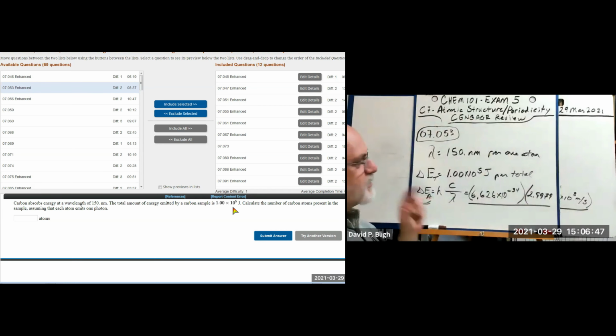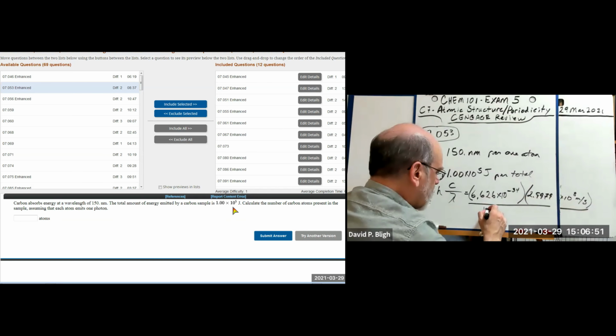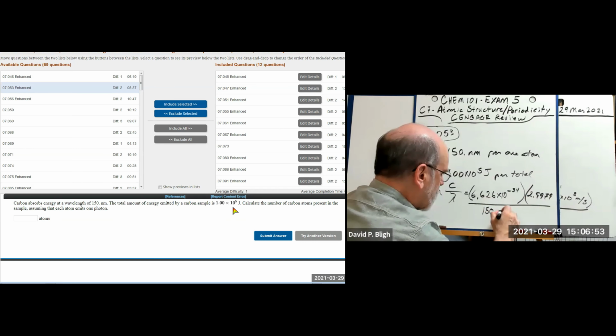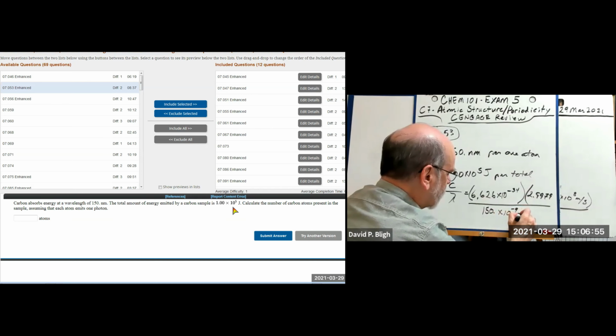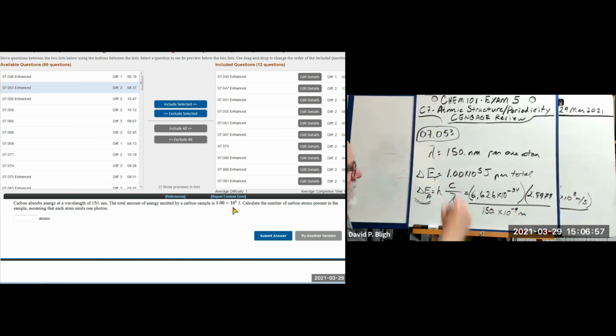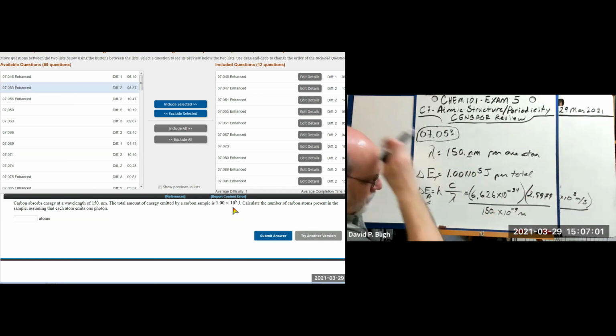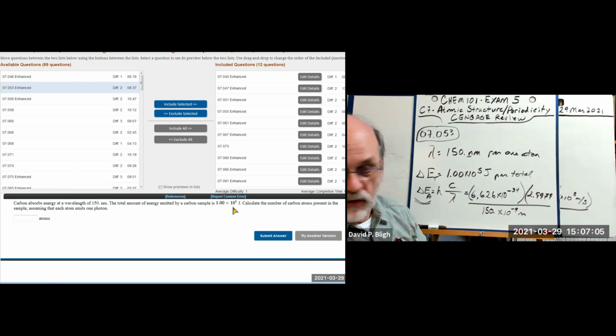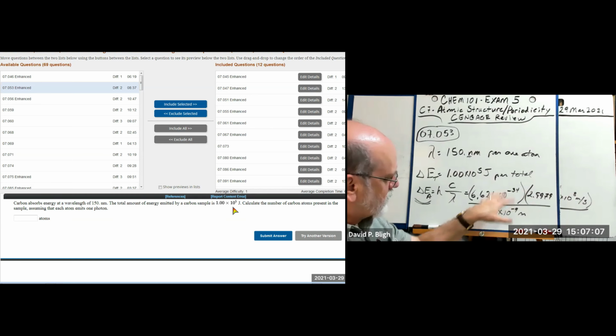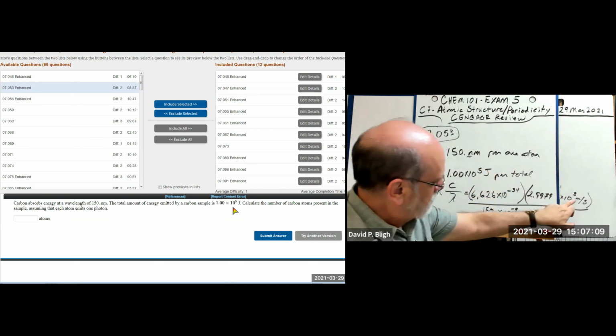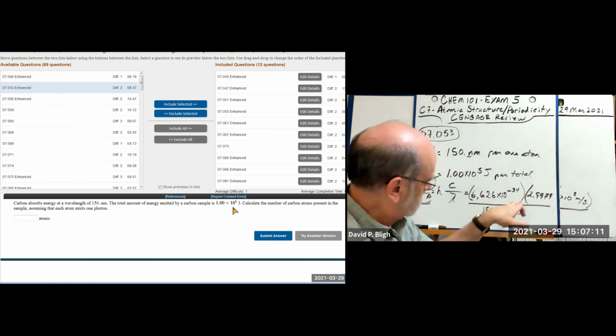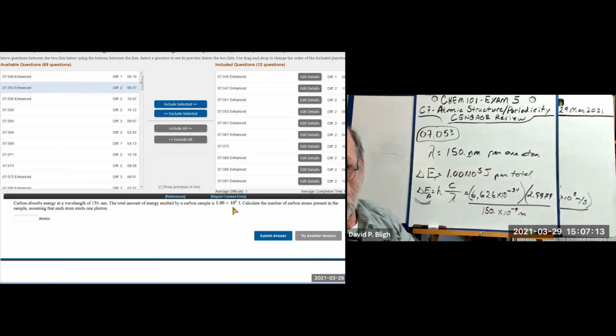And the wavelength has to be in meters. This is nanometers. So that would be 150 times 10 to the minus 9 meters. Right? I just took that minus that nano and put it right down here. And this will be in terms of joules. Right? Planck's constant, joule seconds, meters per second, meters, cancel, second, leaves us with joules.